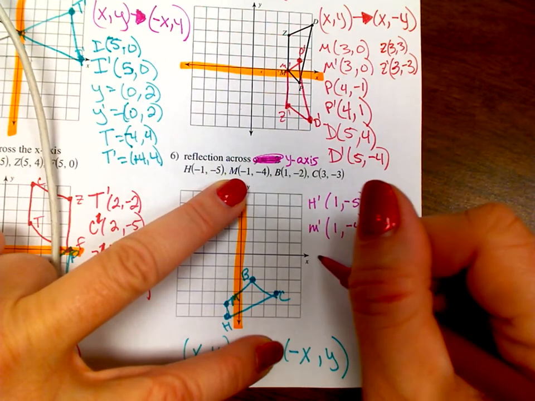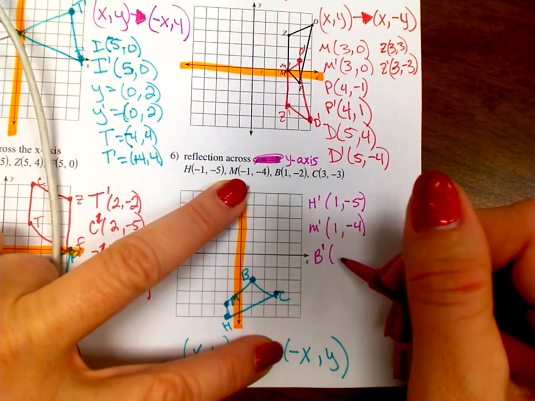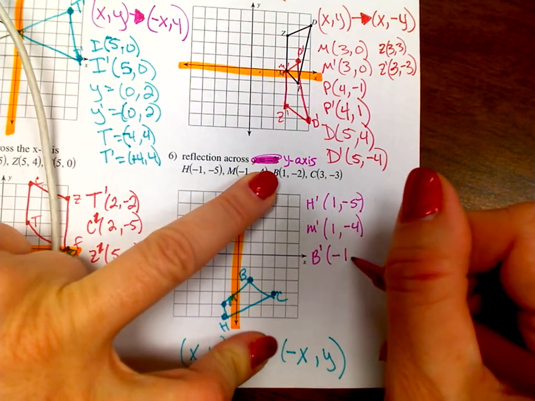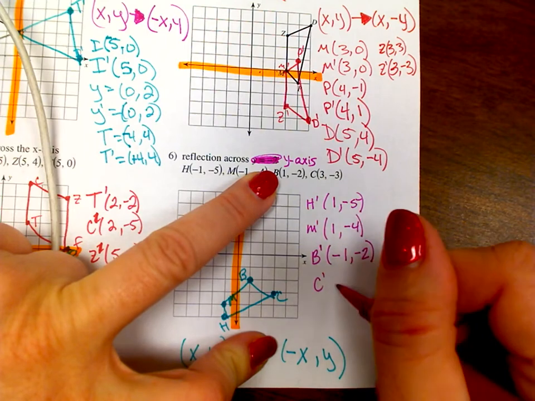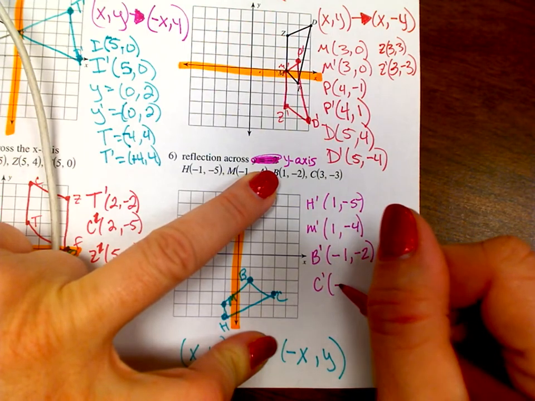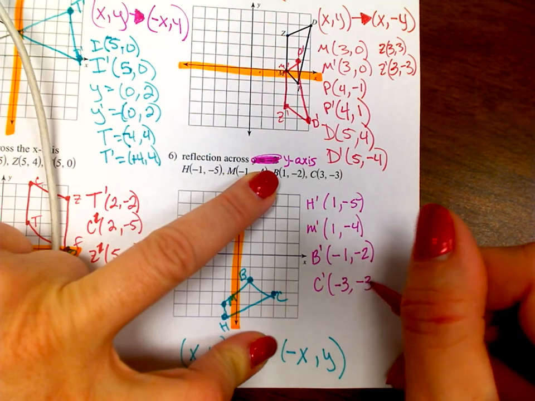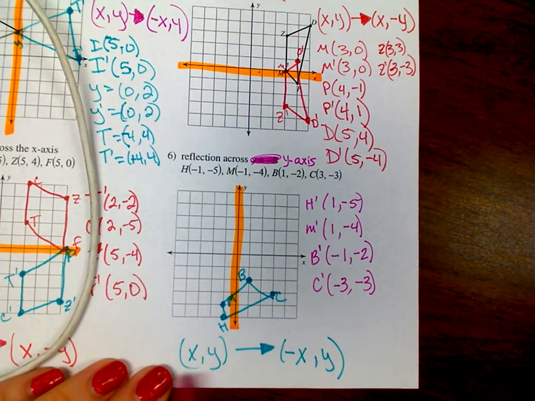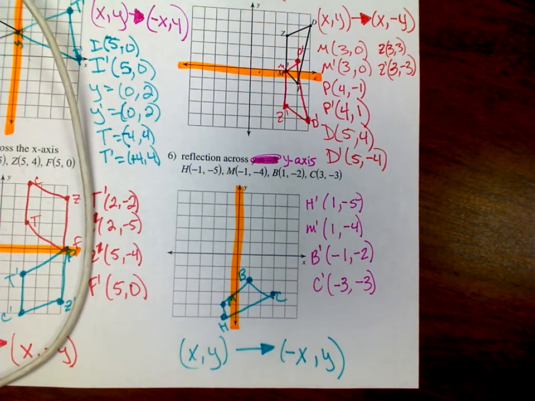B prime, going to take the opposite of your x, keep your y. C prime, opposite x, keep the y. Okay, I constantly want to walk myself through it so I don't get lost, because it's really easy to get lost.